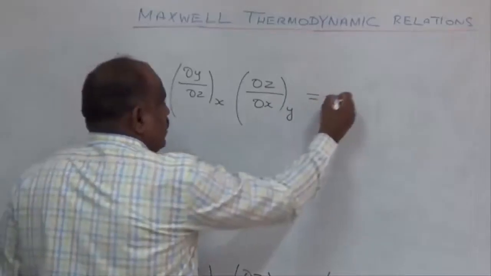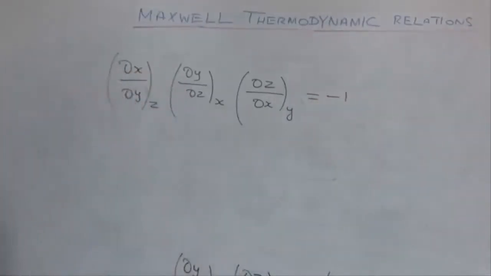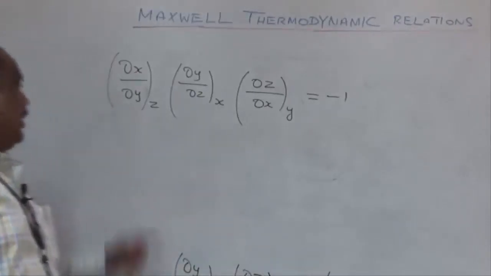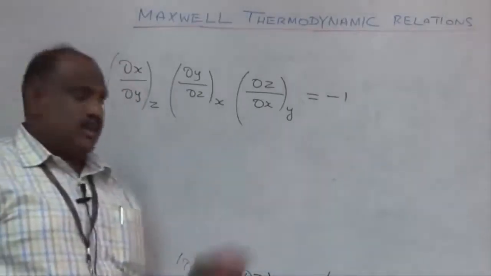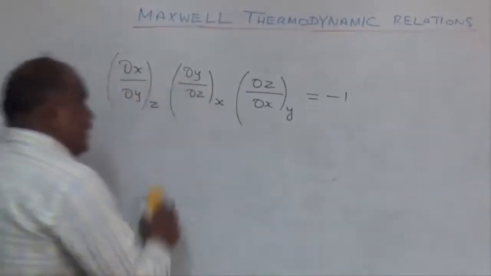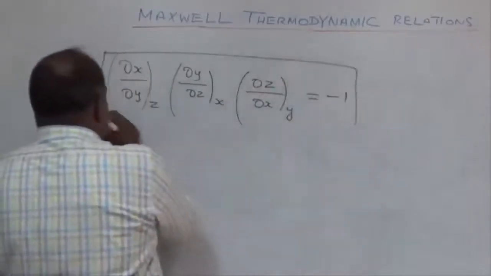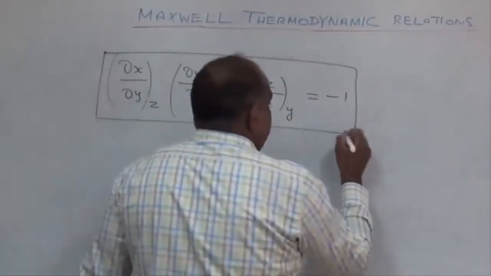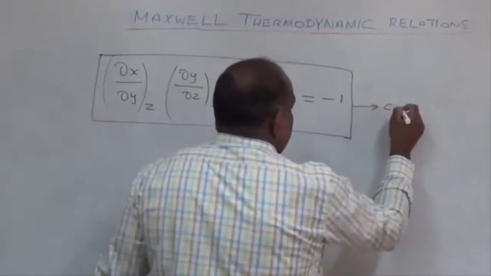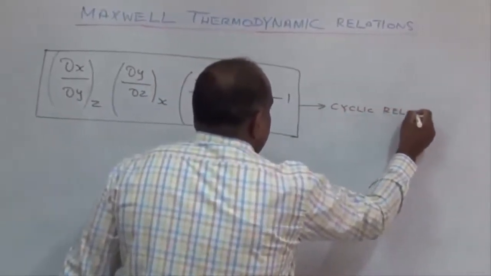The right hand side is minus 1, because this term is taken, so we are getting minus 1. Always multiply the entire left hand side and right hand side by ∂x/∂y, we will end up with minus 1. So this relation is called the cyclic relation. This relation is generally termed as what? Cyclic relation, which is very important for deriving the Maxwell relation.